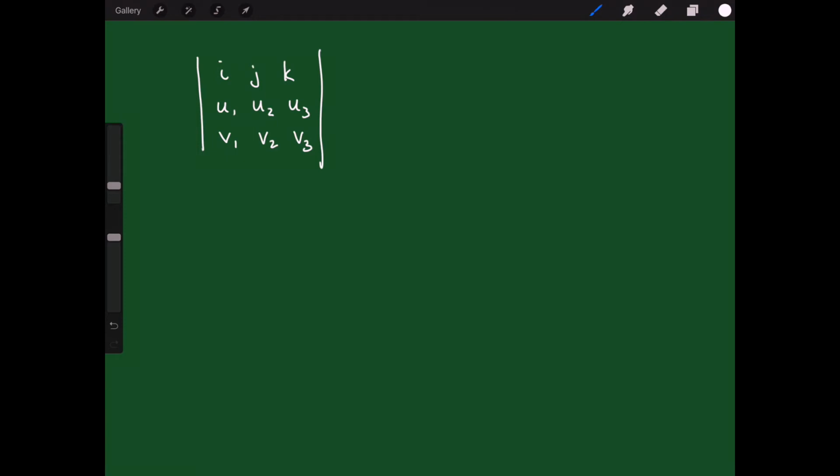And the first way is that you could write the first 2 columns of this matrix over again. So let me write I, U1, V1, and J, U2, V2. Okay? And now what I call this is the method of diagonals. So the way that I want to take the determinant or cross U and V, it's equal to this determinant, and the way that I'm going to take this determinant is the following.